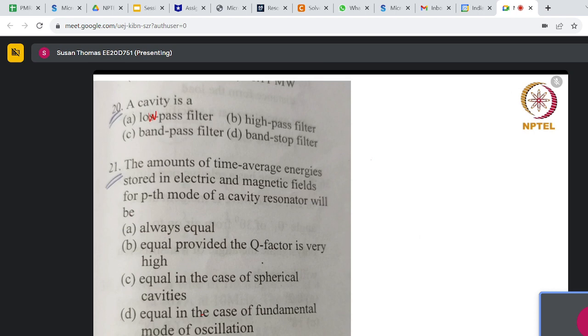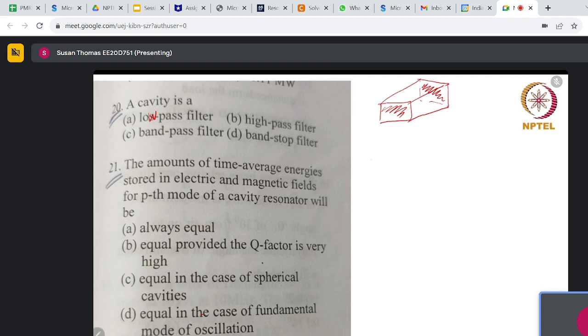So I hope you remember what is the cavity. So you remember what is a rectangular waveguide. So if you have the front and back plates of this rectangular waveguide as a short, then it becomes a cavity resonator.